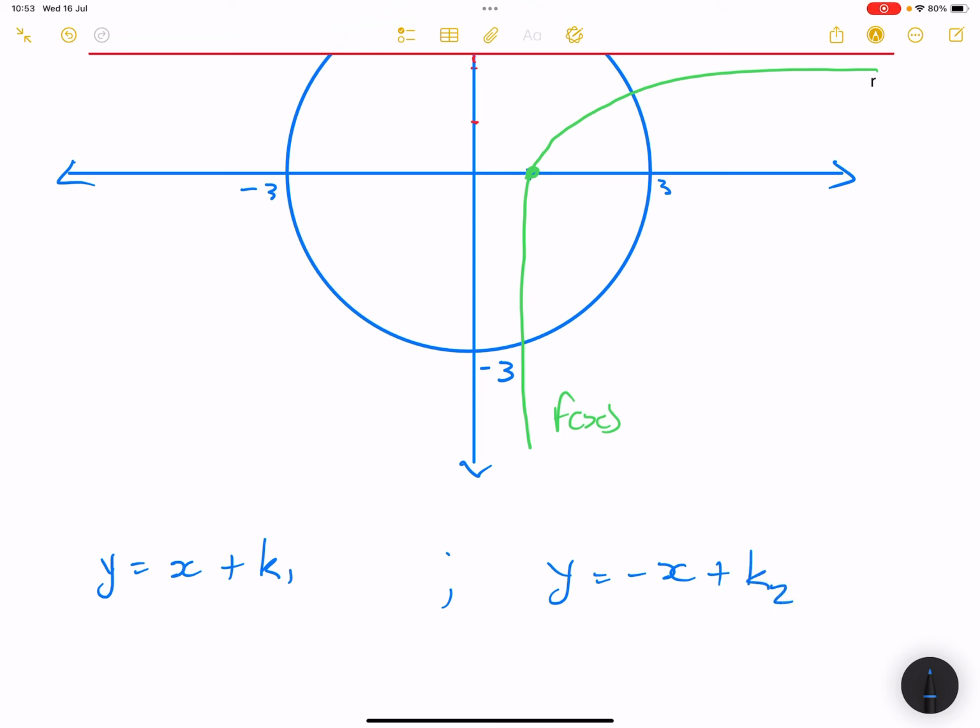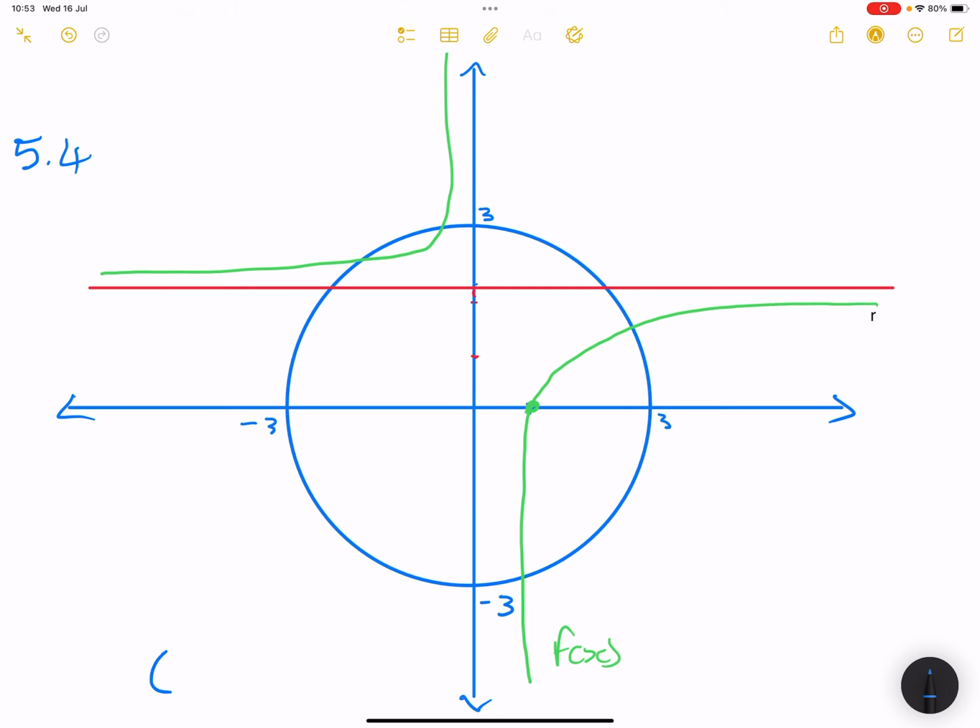But remember, in order for us to find the values of k1 and k2, we're going to substitute the intersection of your asymptotes. That's going to be the point (0, 2).